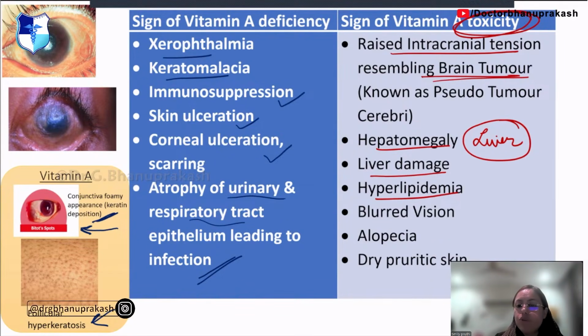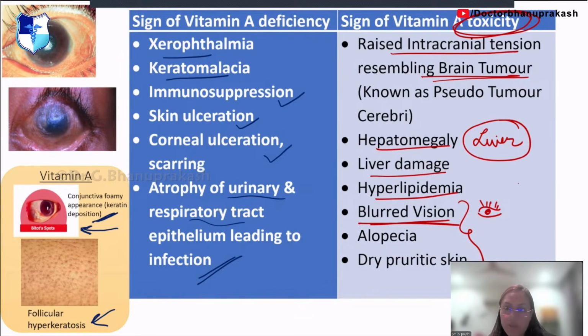The patient has blurred vision, alopecia, and pruritic skin also. So skin is affected here. Note that in toxicity also, there's a little effect on the eyes, leading to blurred vision. In deficiency of vitamin A, there is dryness in the eyes, xerophthalmia and keratomalacia. In vitamin A toxicity, just one sign from the eyes is blurred vision.